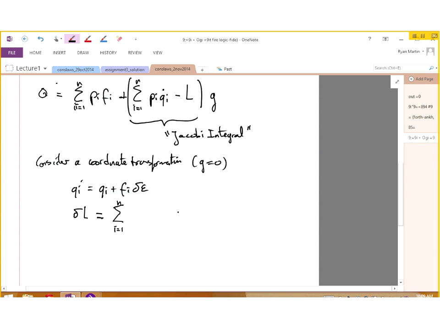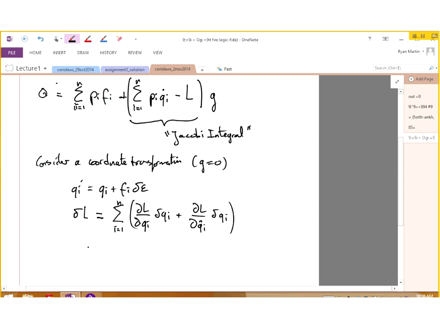So that's ∂L/∂Qi delta Qi plus ∂L/∂Qi dot delta Qi dot. So clearly if delta L equals 0, then delta S equals 0. So in this specific case of just the coordinate transformations, we can get the answer just by looking at delta L.